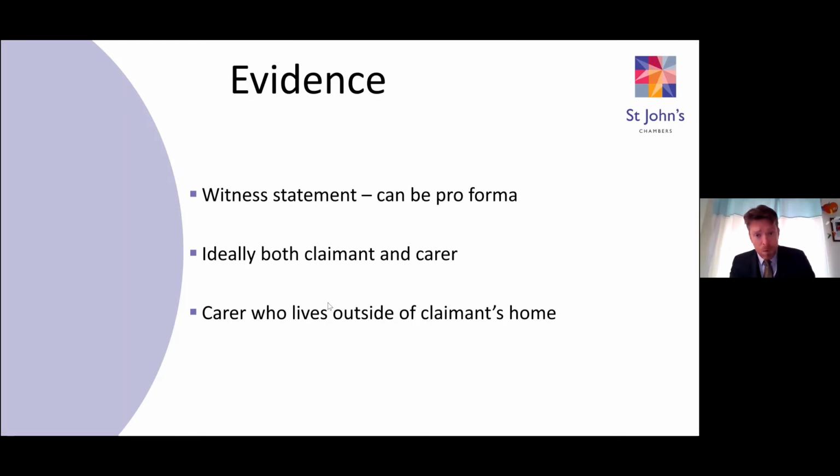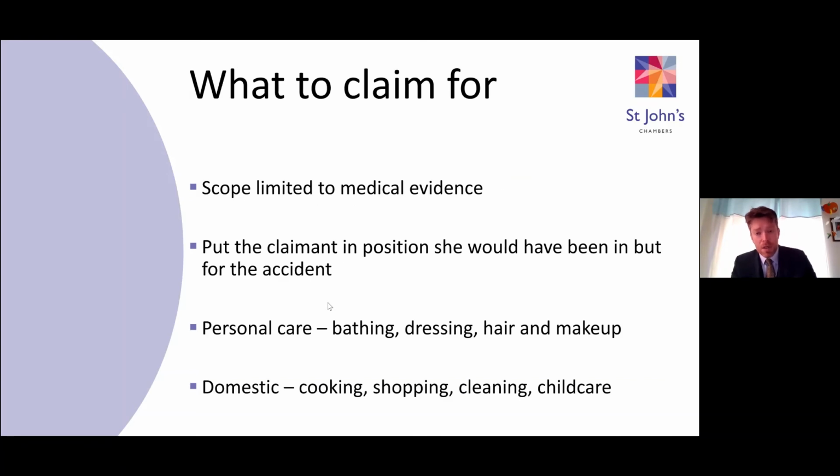So, what to claim for? Again, when you're thinking about this, you just need to think about what's in the medical evidence. What has the client reported difficulty with to the expert? That will provide the scope of what you can claim for in the care and assistance claim. You can see there on the slide the typical sorts of activities that fall under these headings of personal care and domestic assistance.